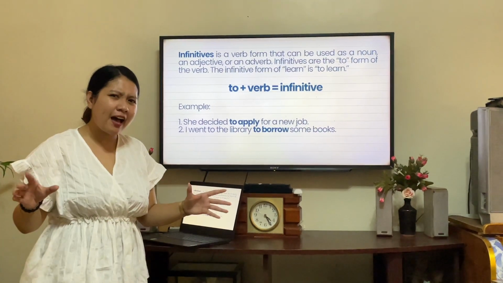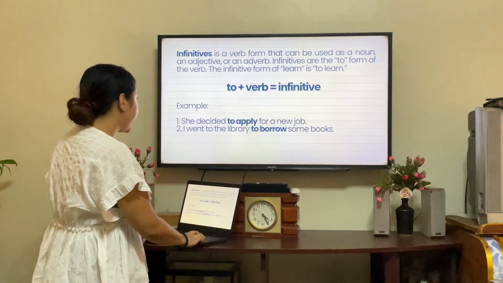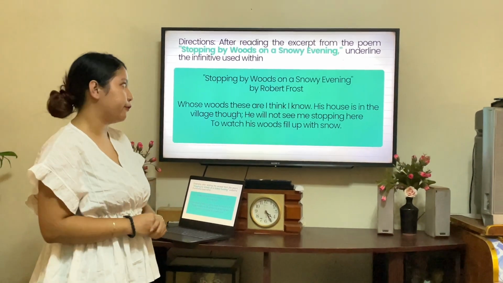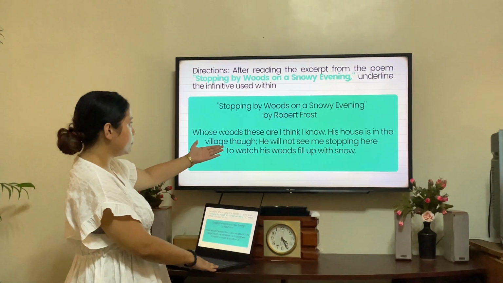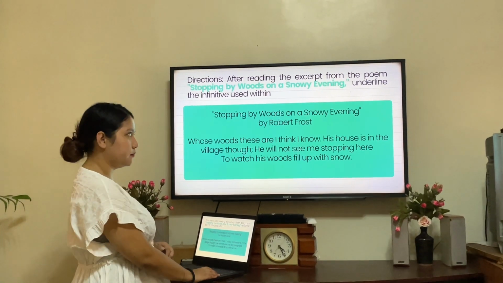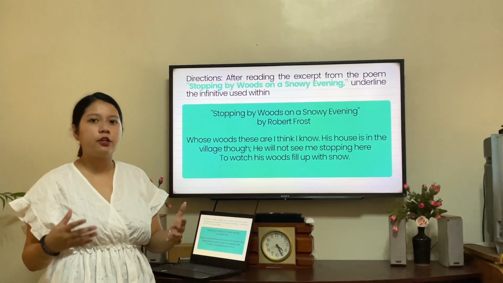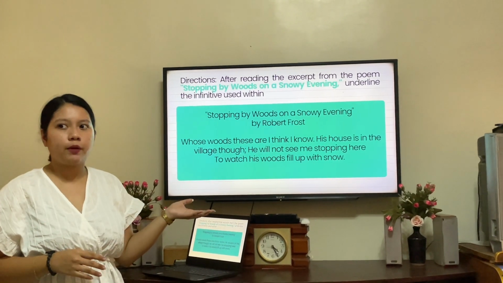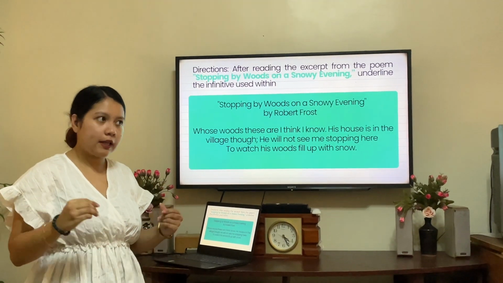So let us have an activity or an excerpt entitled Stopping by Woods on a Snowy Evening. So let us read first this poem. Everyone, please. Okay, very good. So, what have you learned, or what is the excerpt all about? That is great.